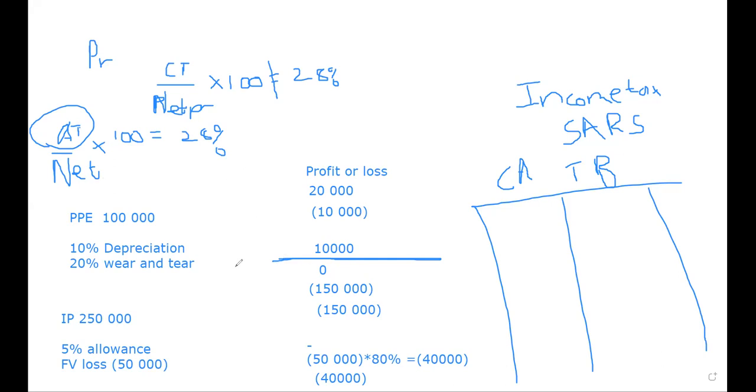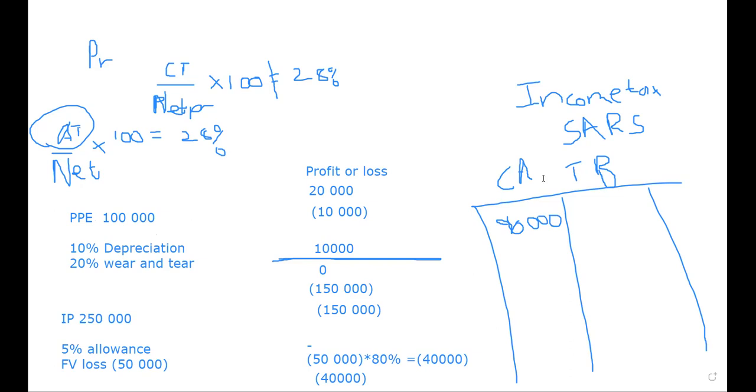They'll just tell you what rate it is. Then let's go on here. So the carrying amount here, we agree, is going to be 90,000, right? I'm using this first example, the PPE example.